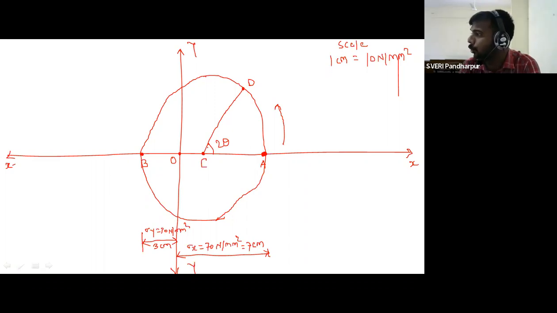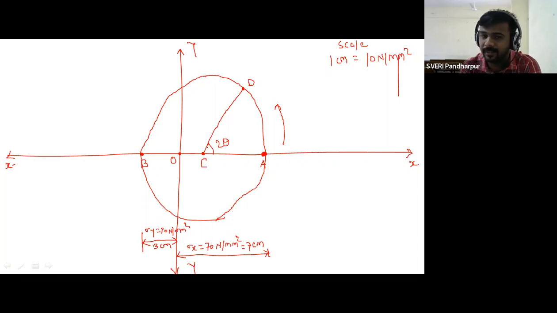You can write in your notebook at the top: represent or locate 2 theta angle in anti-clockwise direction only, from point A only.